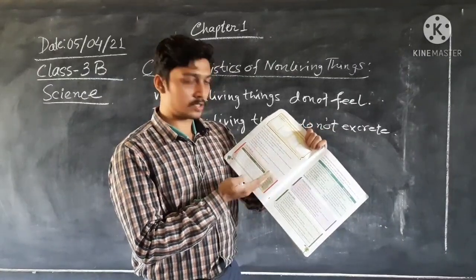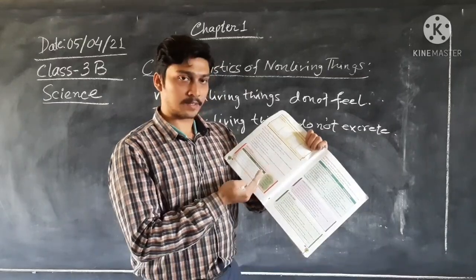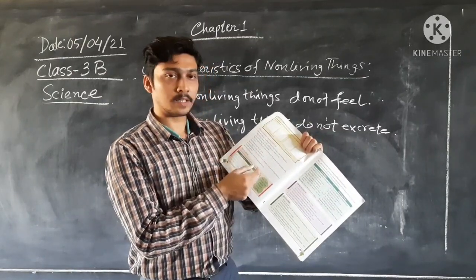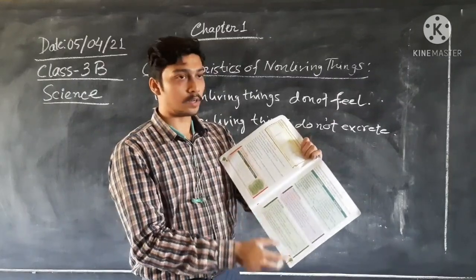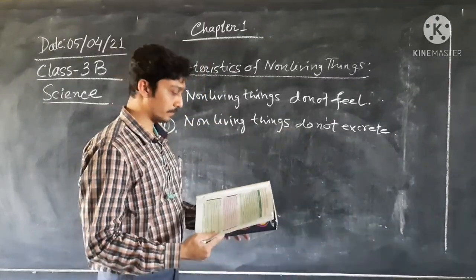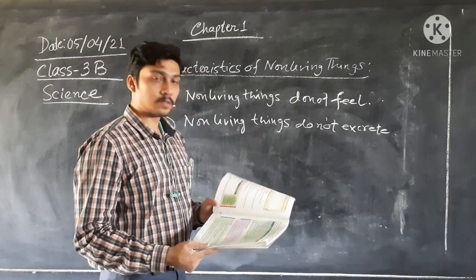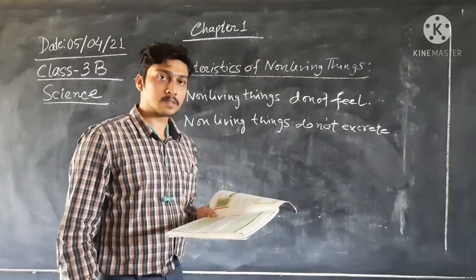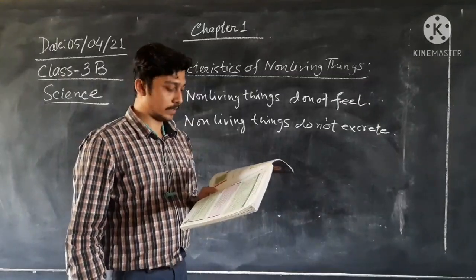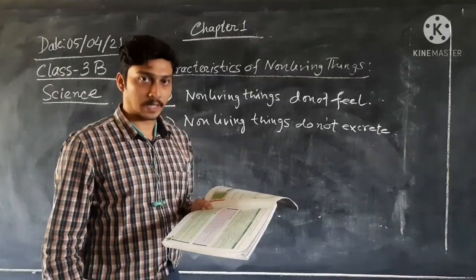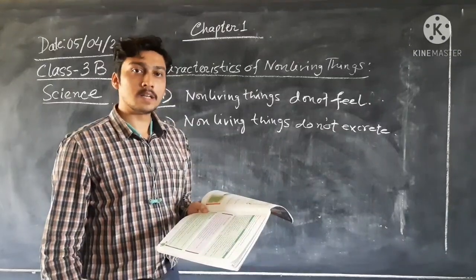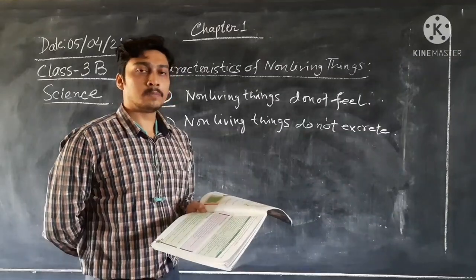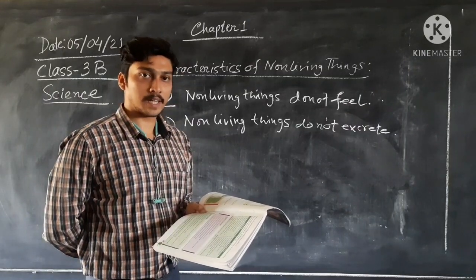You have to distinguish their characteristics and write down which are living and which are non-living. Paper is non-living, plants are living, football is non-living, tiger is a living thing because it has life, butterfly is also a living thing because it is an insect.